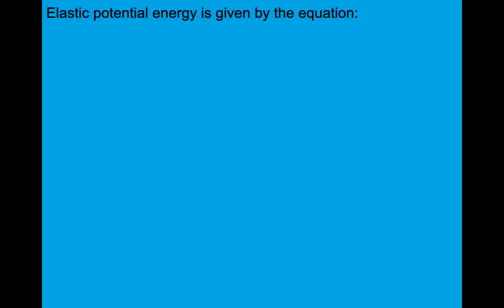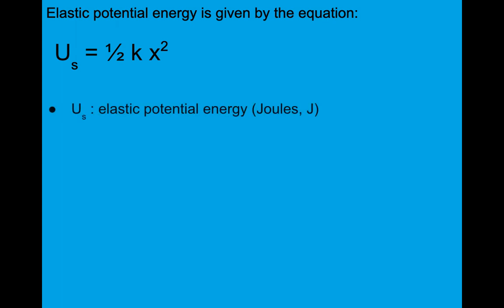The elastic potential energy is given by the equation U sub S. So again, we use U for potential. S stands for spring. Okay, U sub G was gravitational potential energy. U sub S is elastic potential energy, measured in joules.